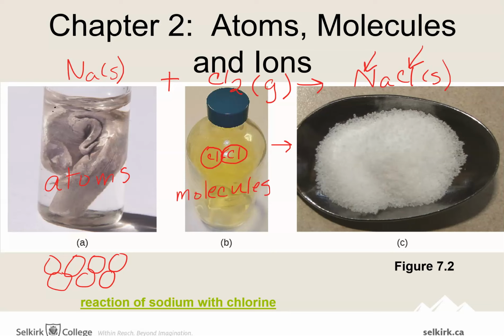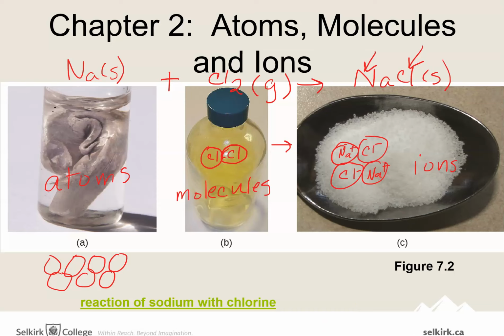Although I don't see the charges in the formula, this is actually made up of a network of sodium ions surrounded by chloride ions, surrounded by sodium ions, surrounded by chloride ions. Those charged particles are ions. So right in this one reaction, we see atoms combining with molecules to make ions. Of course, that's different from case to case.